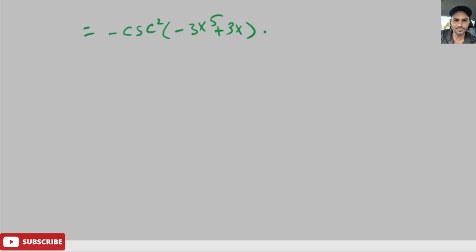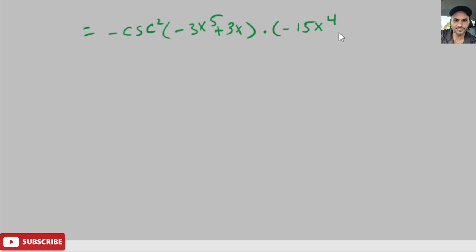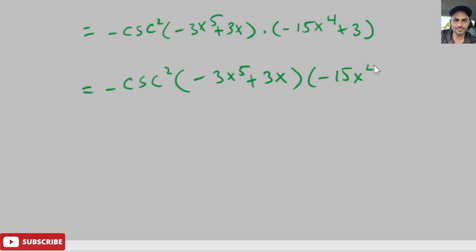So we get negative 15x to the 4 plus 3. Okay, so this is our final answer. Negative cosecant square of negative 3x to the 5 plus 3x times negative 15x to the 4 plus 3.